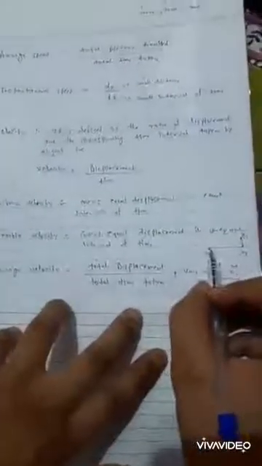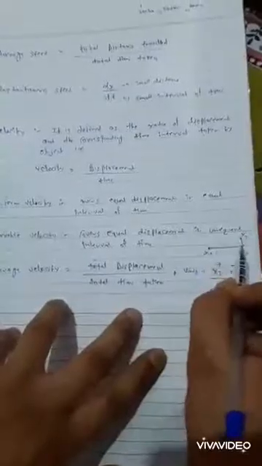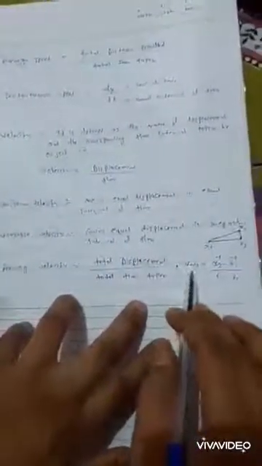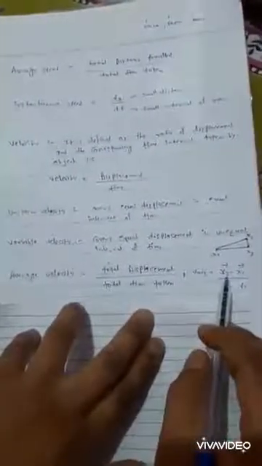If we talk about the distance, the distance is this, and if we talk about the displacement, the displacement will be this. This is the shortest distance between the initial point and the final point. So average velocity is total displacement upon total time taken, that is x2 minus x1 upon t2 minus t1.